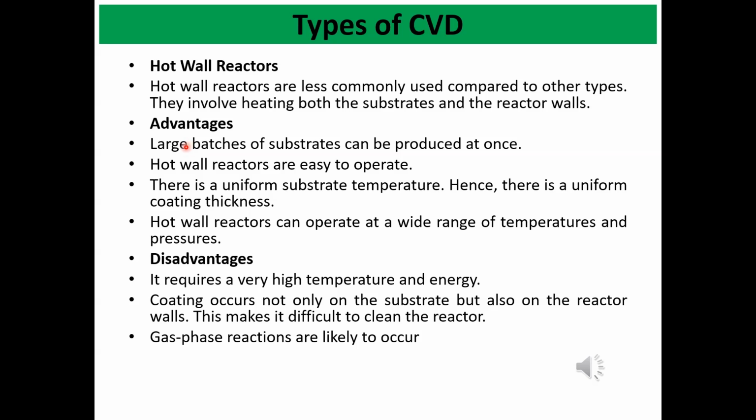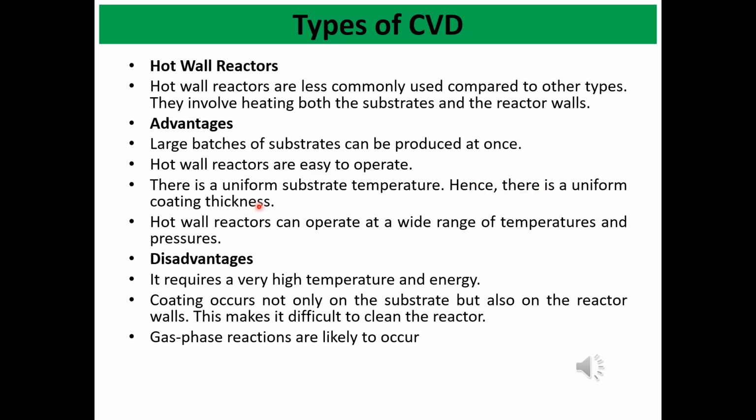For example, large batches of substrates can be produced at once. Hot wall reactors are easy to operate. There is a uniform substrate temperature, hence there is a uniform coating thickness.